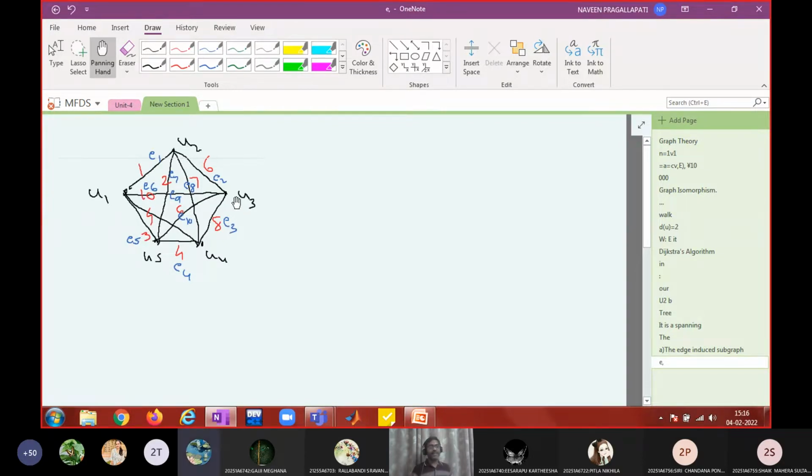Is that clear? Sir, you gave E6 and E9 to the same edge, U1 to U3. Okay, correct. So which one is the other one? U1 to U4.